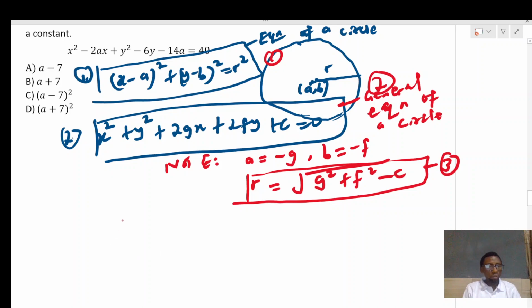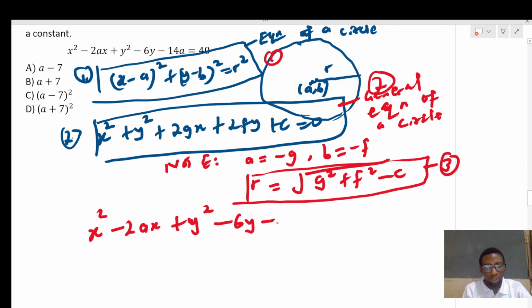Our equation is x squared minus 2ax plus y squared minus 6y minus 14a equals 40. I want this equation to be like my equation 2.